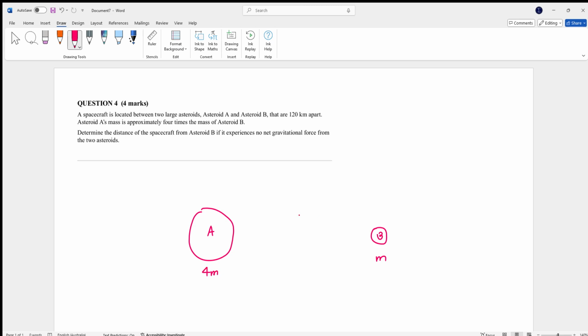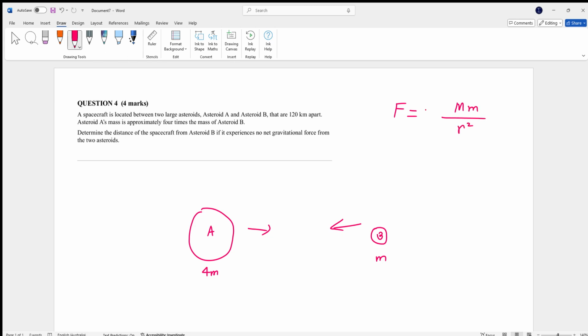Now, even if there is no spacecraft, there would be a gravitational attraction between these two because of the mass, using Newton's law of gravity. So force equals the gravitational constant times the product of the masses divided by the distance between them squared, something like that.